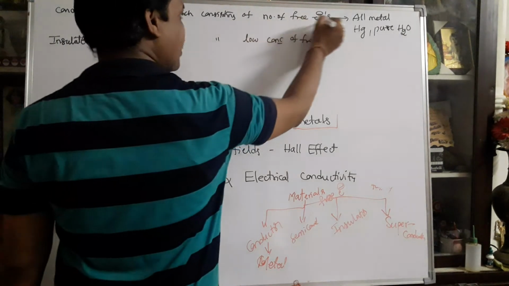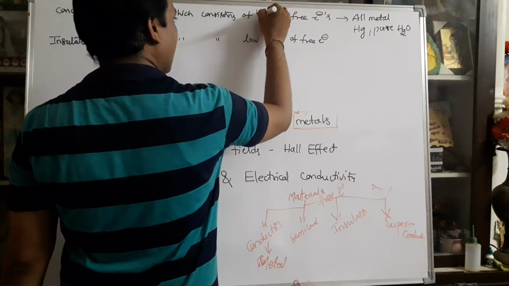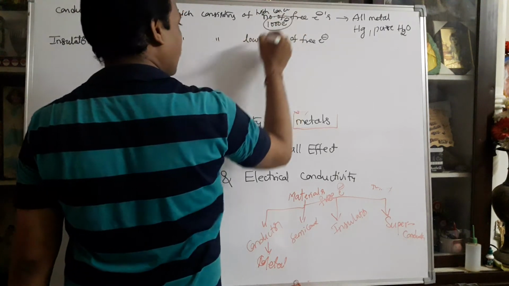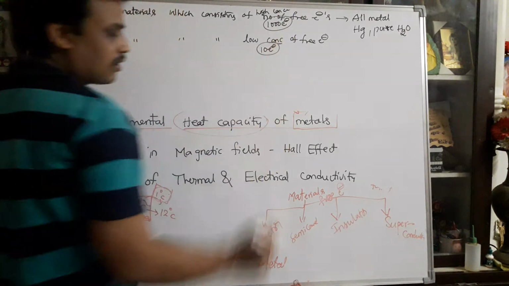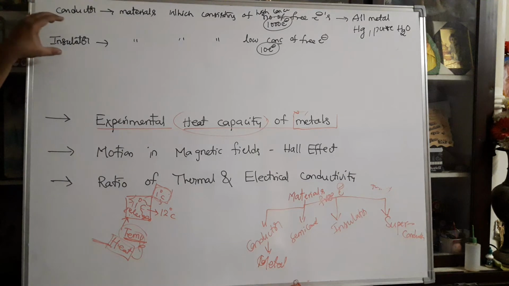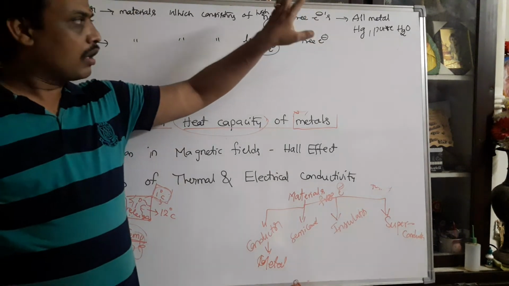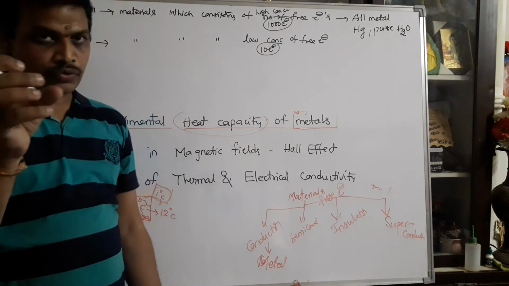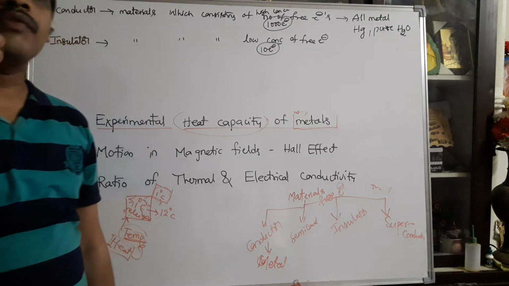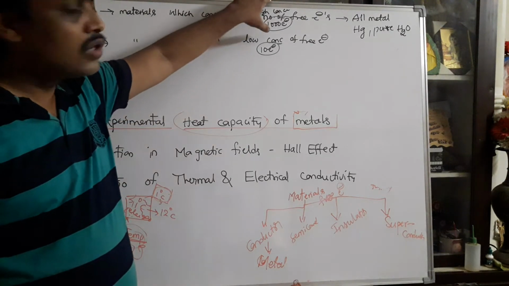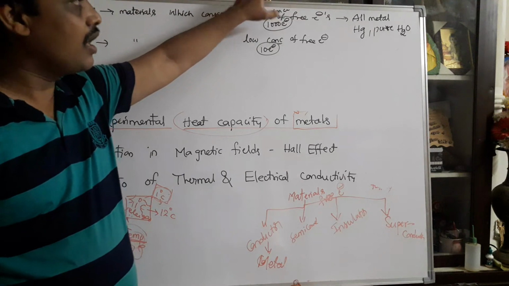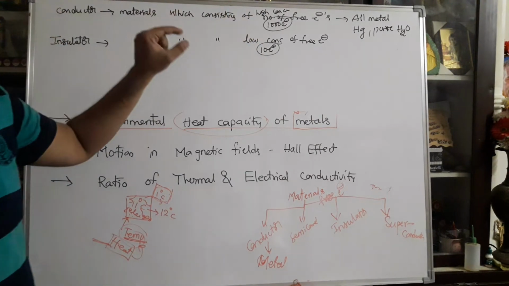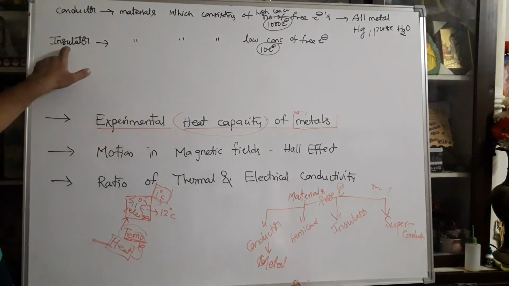Suppose a conductor has a very high concentration, say 1000 electrons, while here only 10 electrons exist. The insulator has a very low concentration of electrons, not zero; very few free electrons exist. Compared to the conductor with thousands of free electrons, 10 electrons is very low. Then the material is called an insulator.